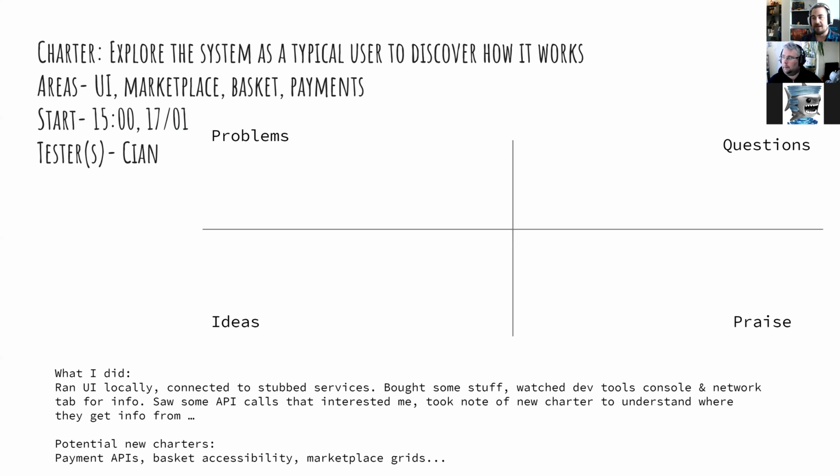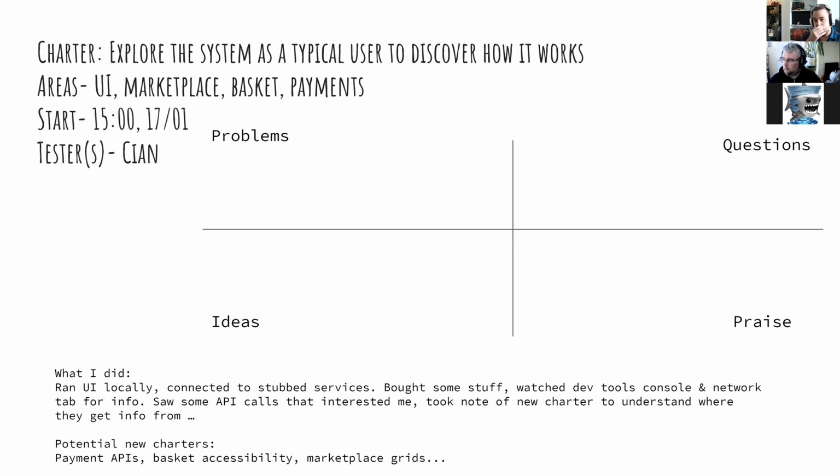These are basically our focus. They can be as broad as you want, or as narrow as you want. You can do things like a charter for a particular user persona. You can try and break things as part of your charter if you want, or you can literally just say, I'm going to explore the system. It doesn't really matter, just as long as you have a focus area.